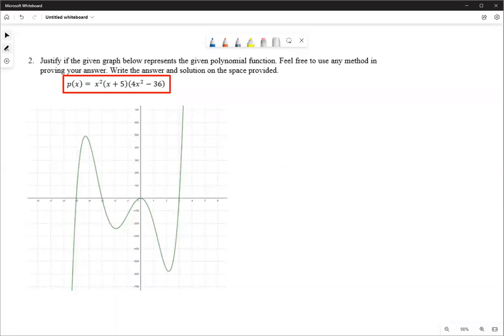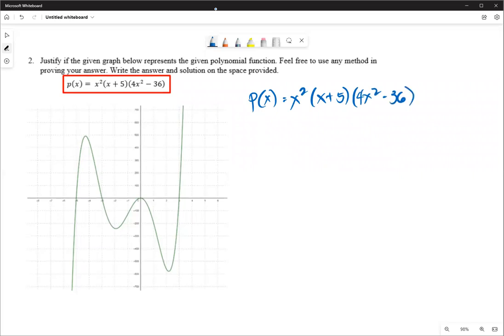Another way to justify if the given graph below represents the given polynomial function is by doing the actual factoring of the given polynomial function. So we have here p of x is equal to x squared times x plus 5 times 4x squared minus 36.